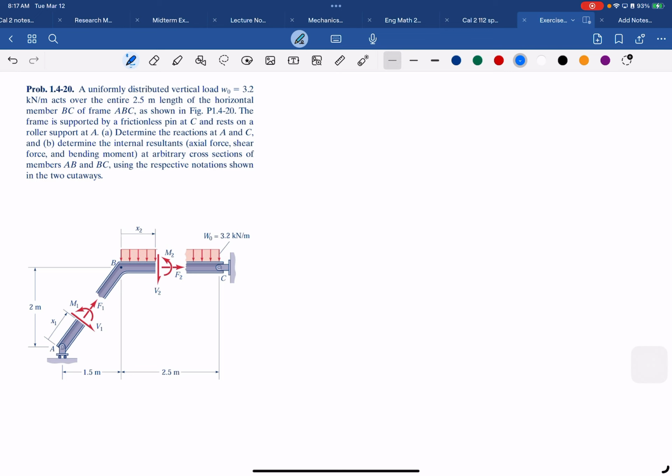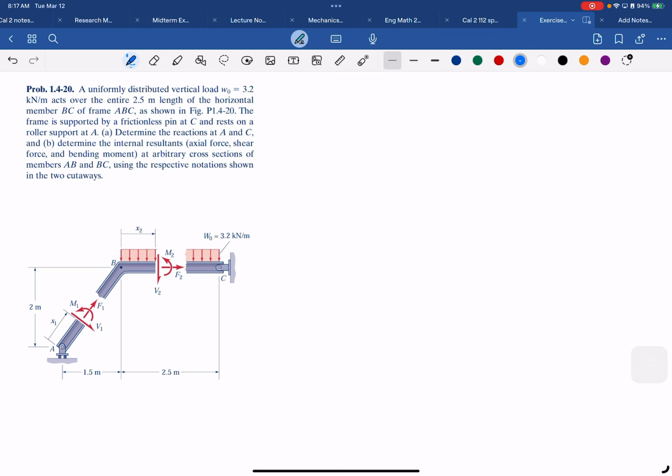This is a rectangular type, so the resultant is perfectly in the middle, in the center. And we know all the distances. The height is 2 meters, the distance from A to B is 1.5, and from B to C is 2.5.